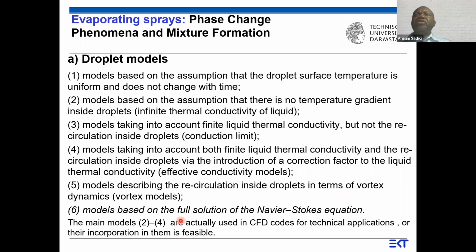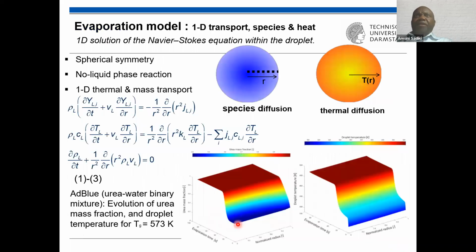This is the model based on the full solution of the Navier-Stokes equation. This means the continuity equation, momentum equation, and also energy equation and species equation. So normally these assumptions, these models are normally used in CFD, because they are easier to implement.